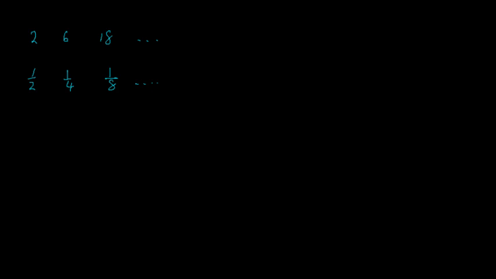Now, this kind of sequence has a name. It's called a geometric progression. The short form is usually GP. So if I say GP in mathematics, we nearly always mean geometric progression, at least for A-level mathematics.